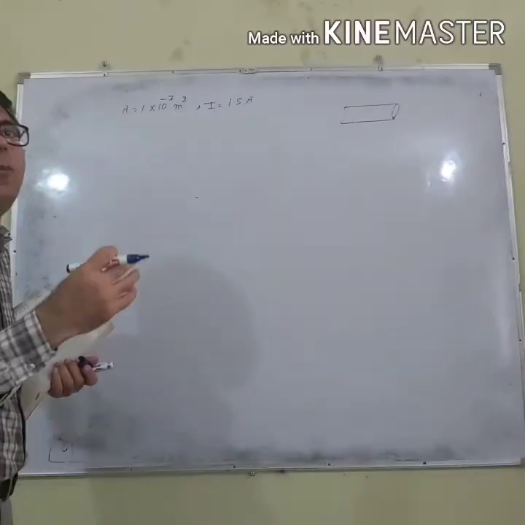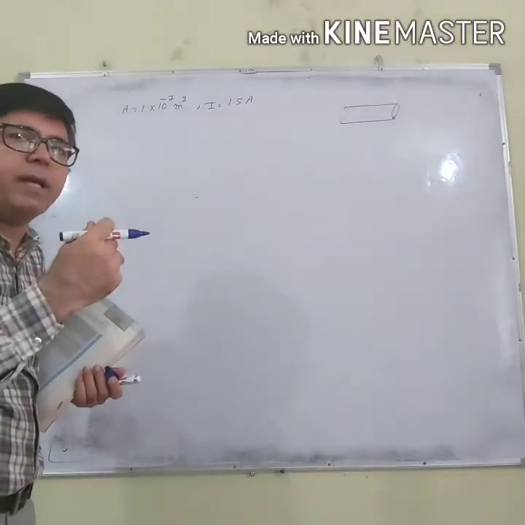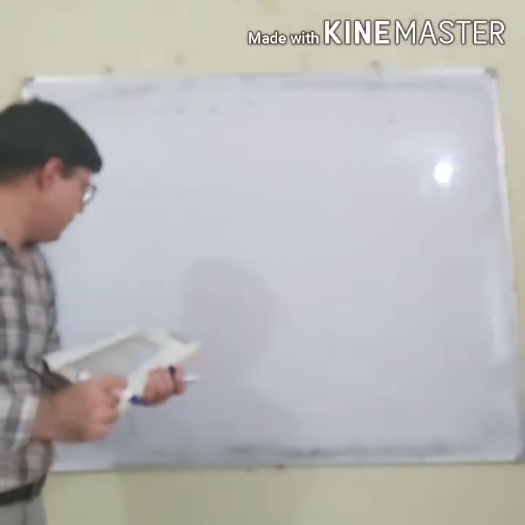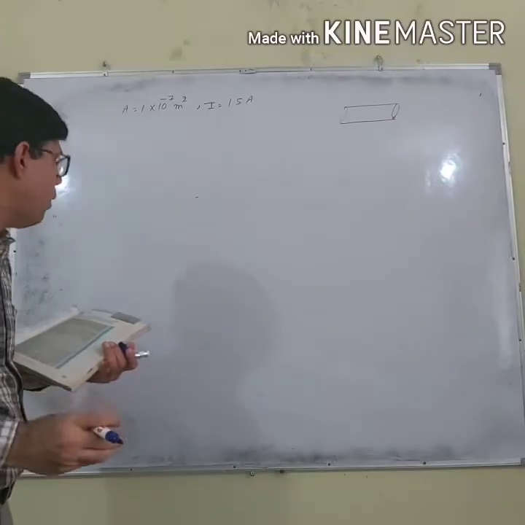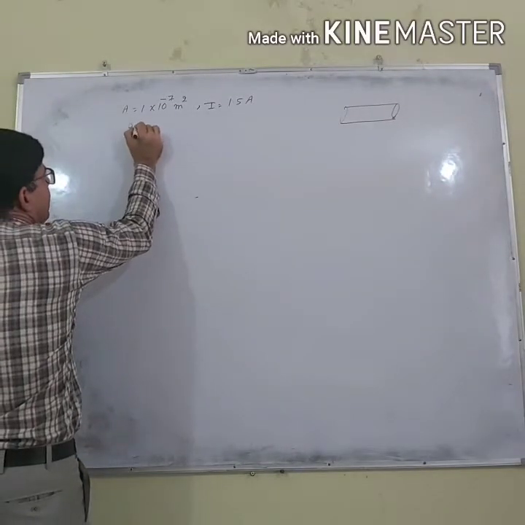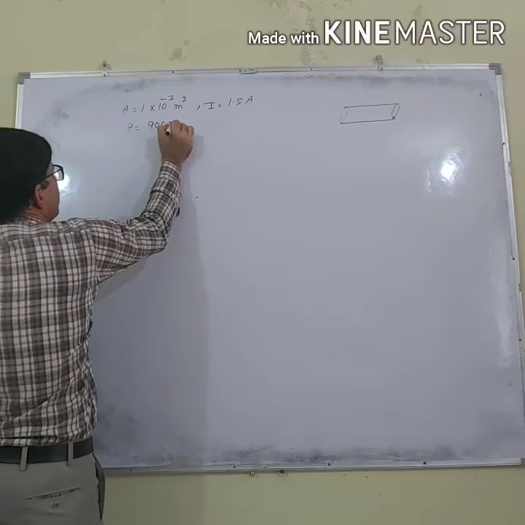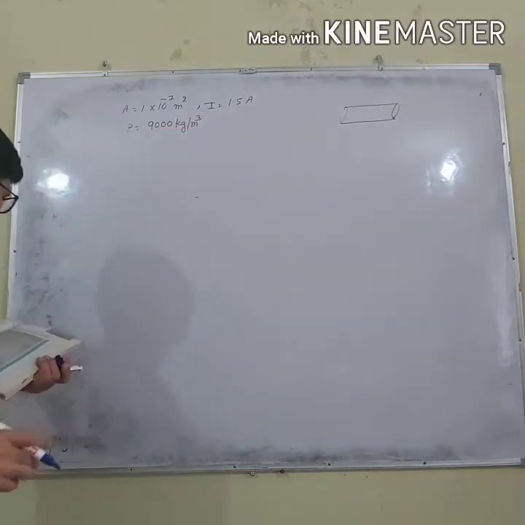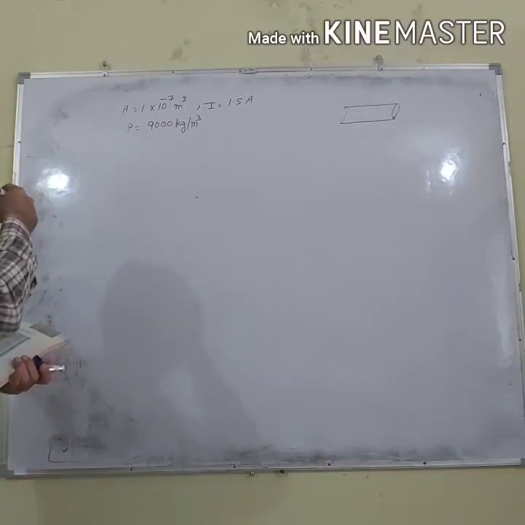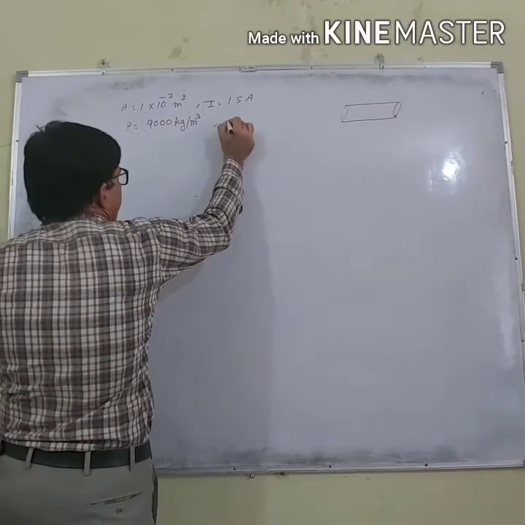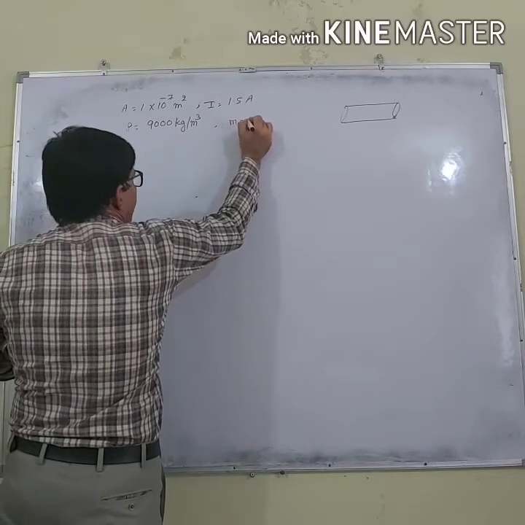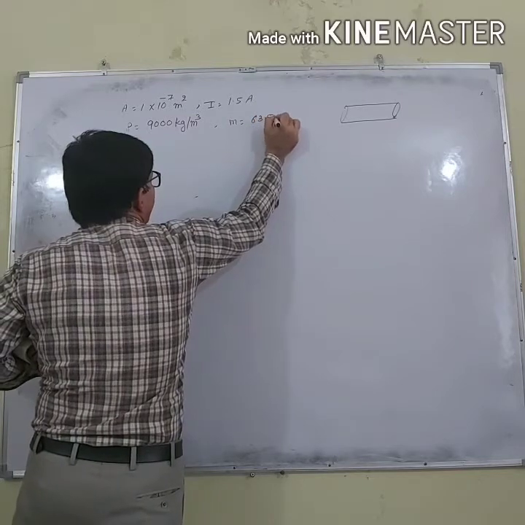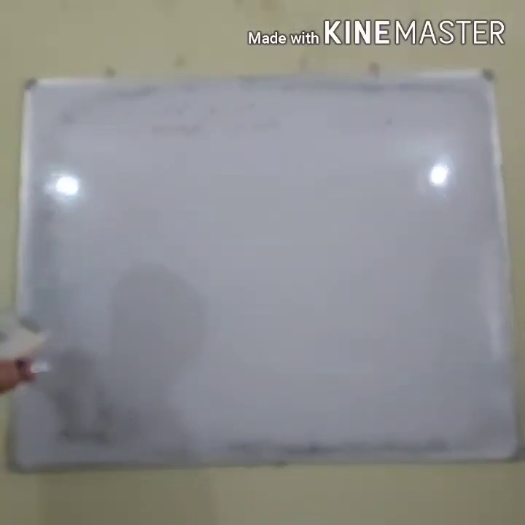If there are 100 copper atoms, each copper atom will contribute 1 free electron. So there will be 100 free electrons. It says that the density of copper is 9,000 kilogram per meter cube, and its atomic mass is 63.5 atomic mass unit.